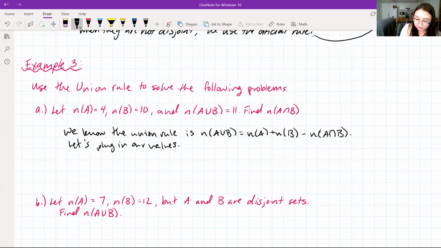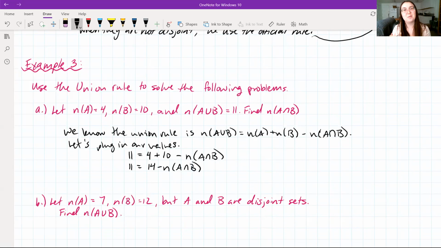If we do that, we're going to get 11 is equal to 4 plus 10 minus N of A intersect B, which we're trying to find. Then 11 is equal to 14 minus N of A intersect B. So we can subtract 14 on both sides, and then multiply by -1, since it would be negative. But essentially what we're going to get is that N of A intersect B is equal to 3. So that would be that value.